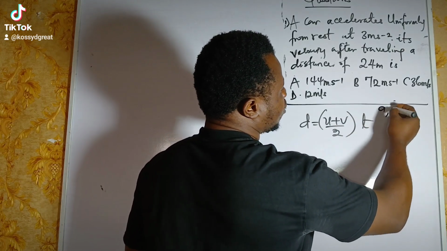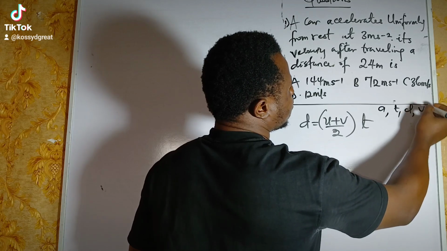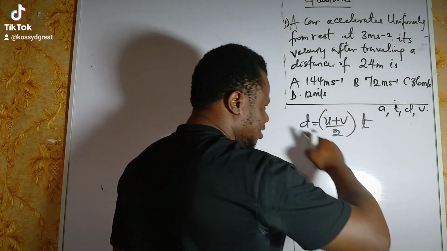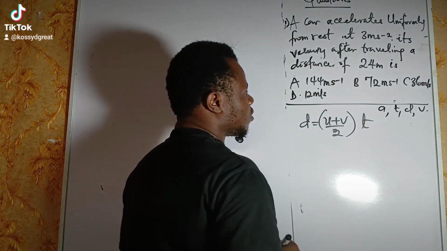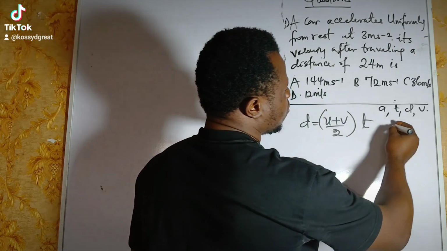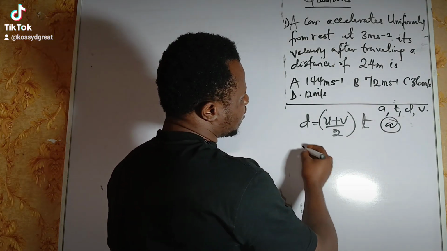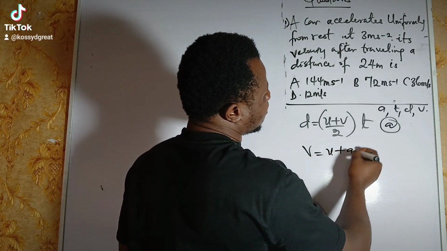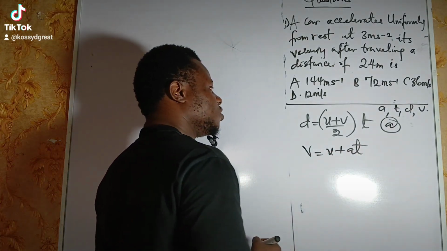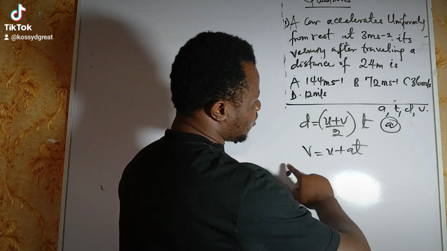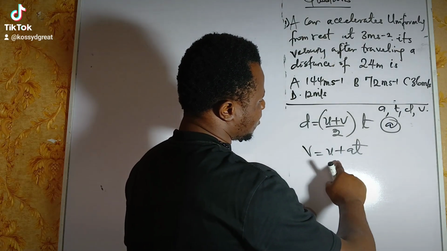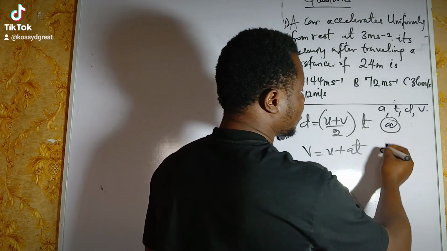Remember, we have acceleration, time, distance, and speed. There is no acceleration in this equation. Then we also have V is equal to U plus AT. Something is missing in this equation: there is no distance.